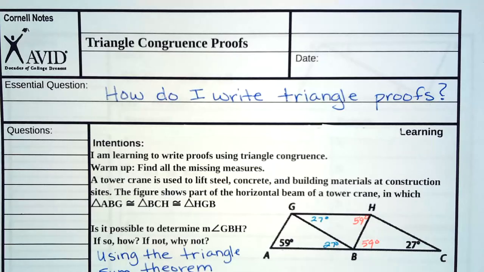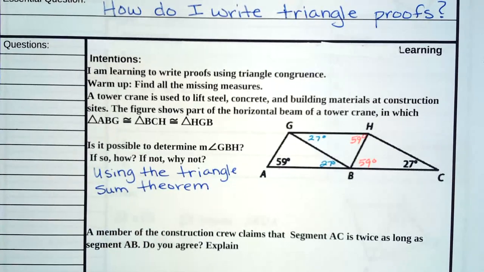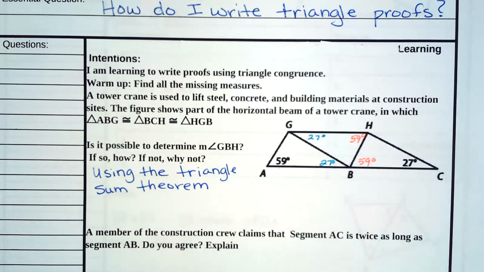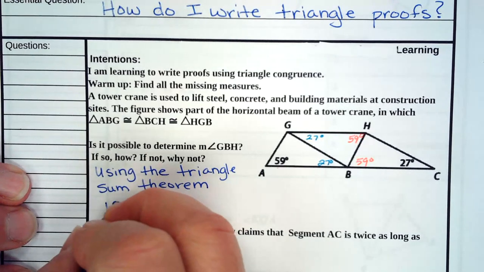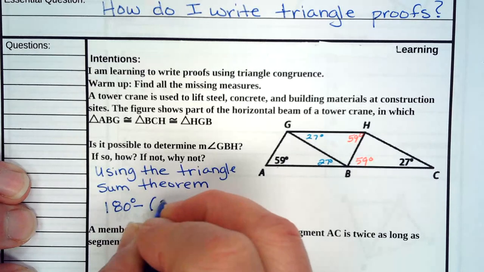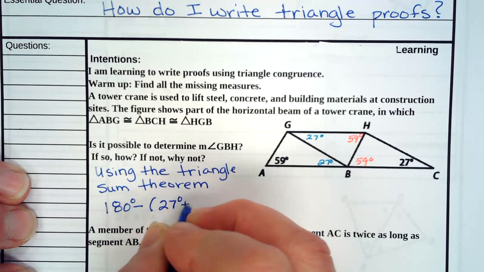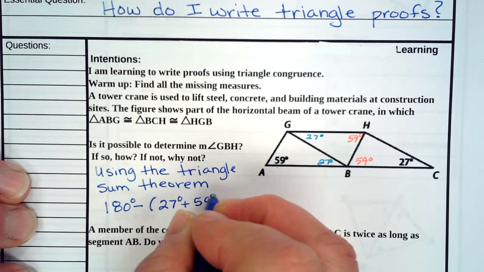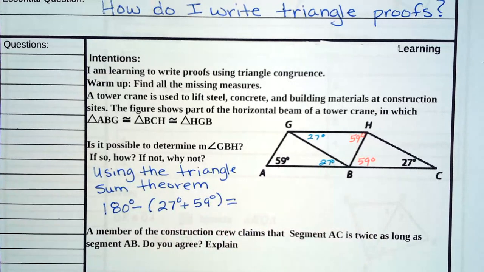The triangle sum theorem states that the sum of the interior angles of a triangle adds up to 180 degrees. We have two of the three, so we can now subtract. 180 degrees minus the sum of 27 degrees plus 59 degrees is equal to.